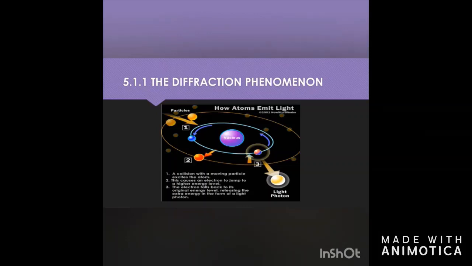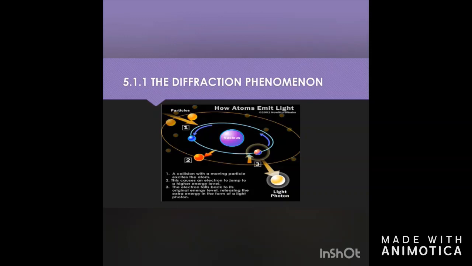This is how atoms emit light. A collision with a moving particle excites the atom. This causes an electron to jump to a higher energy level. The electron falls back to its original energy level, releasing the extra energy in the form of a light photon.